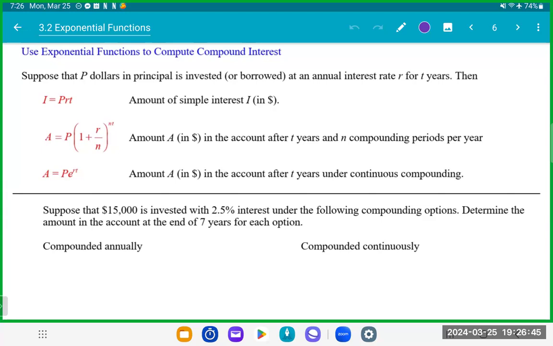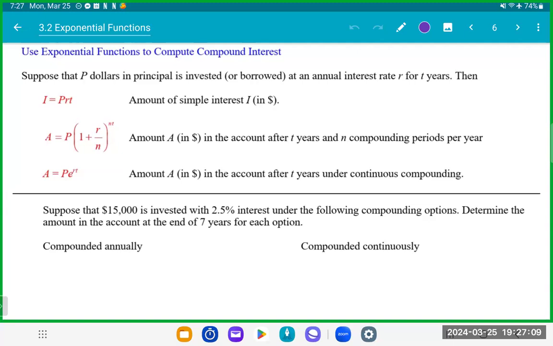Now, sometimes you can have interest that is compounded continuously. If you have something that's compounded continuously, then you have to use a whole different formula. And that's what I call this one PERT, because it's P times e raised to the rt. Okay. And that is when your interest is compounded continuously.